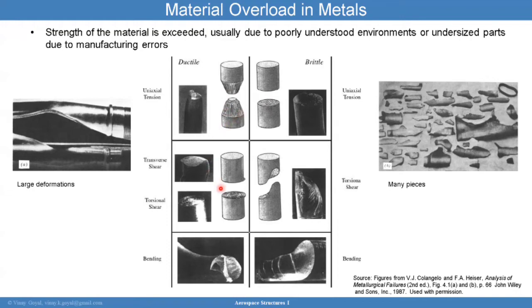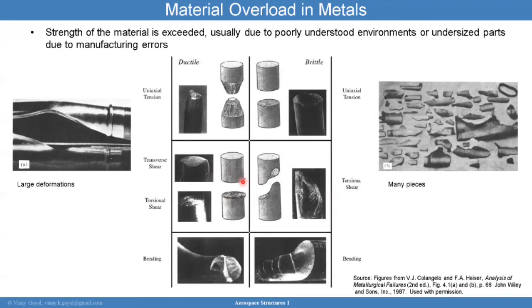Transverse shear failures in a brittle material are going to typically occur at a 45-degree angle, like glass or concrete. While if you're looking at a highly ductile material under torsion or shear, you're going to see a straight plane most of the time, with a lot of deformation on the free surfaces of that material.